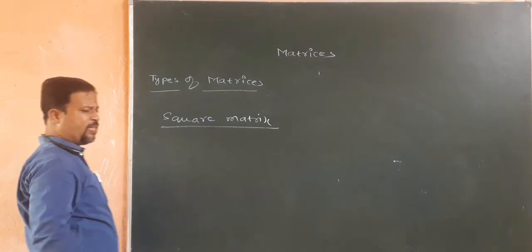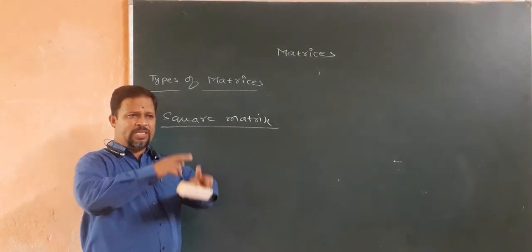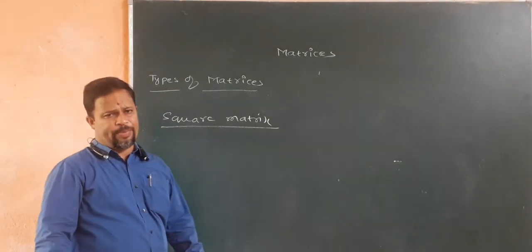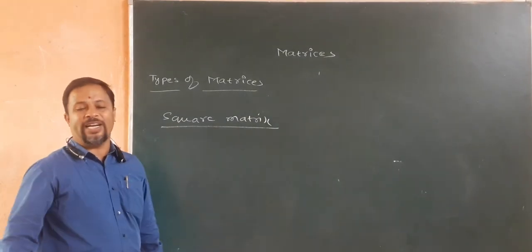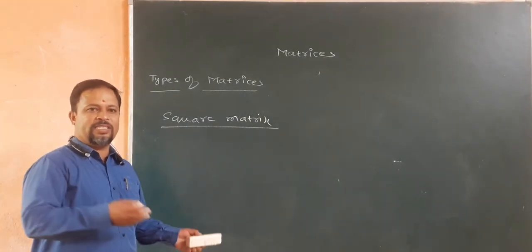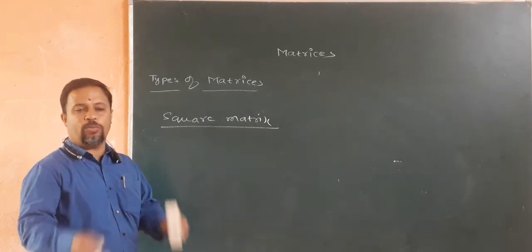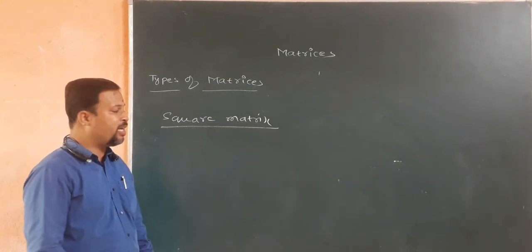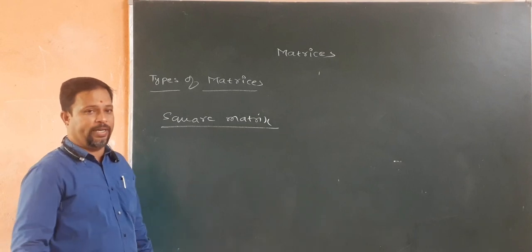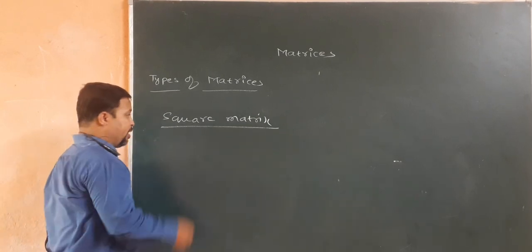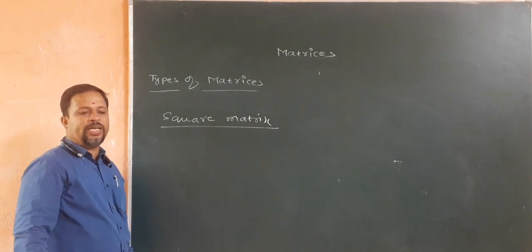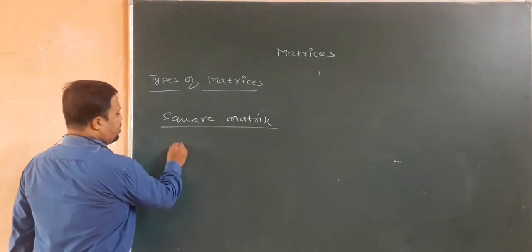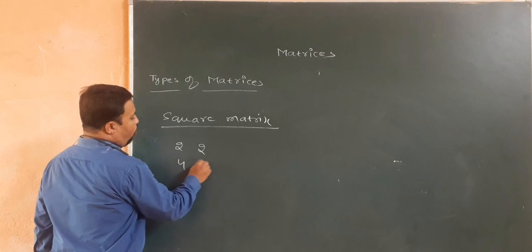So the name itself says it, square matrix. Square means all the sides are the same. We do not have any sides here, but we have rows and columns. That means the number of rows and columns should be the same. Then I can say that this is a square matrix, right? I can say 2, 2, 4, 5.